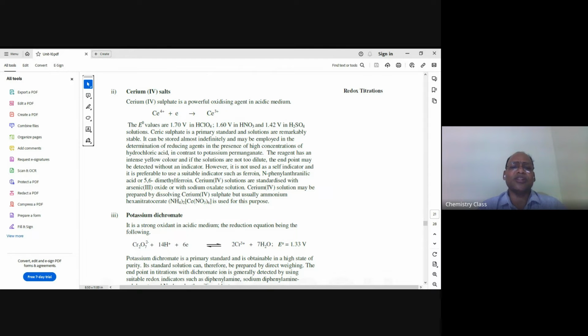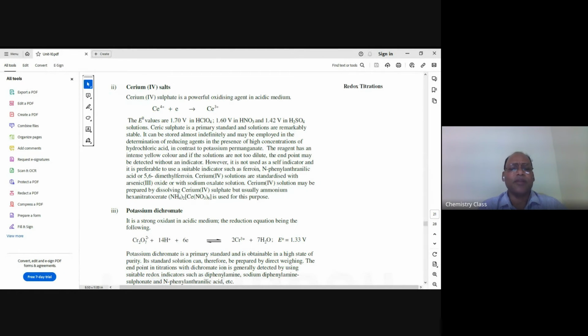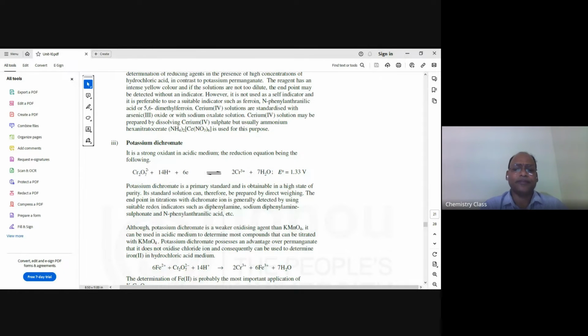The electrode potential value of Ce4 plus is 1.70 volt in HClO4, 1.60 volt in HNO3, and 1.42 volt in H2SO4 solution. Ceric sulfate is a primary standard and the solutions are remarkably stable. So in these acids, if you use acidic medium, cerium 4 plus will act as a powerful oxidizing agent. Okay, then potassium dichromate.